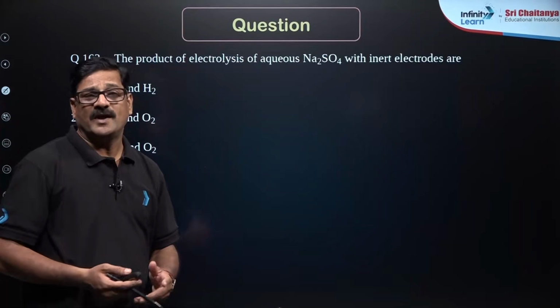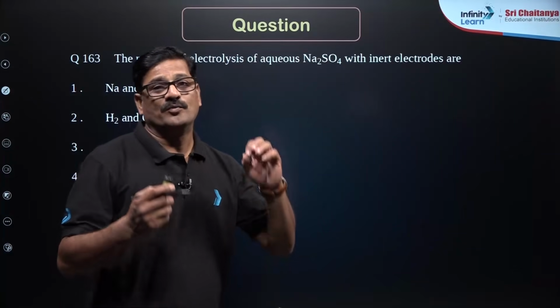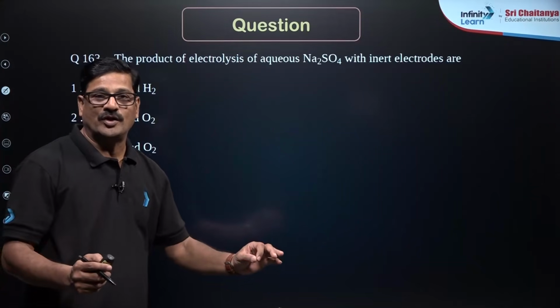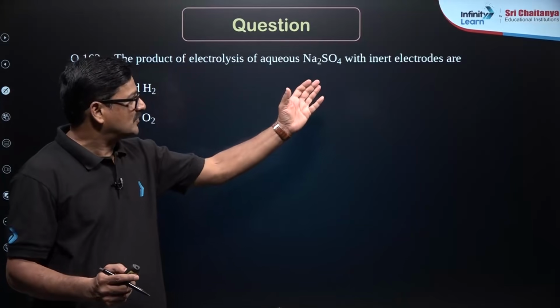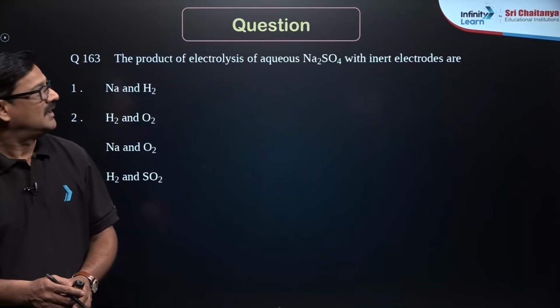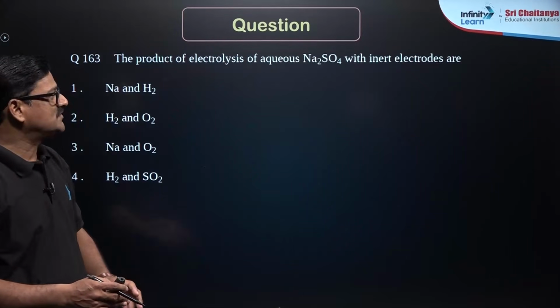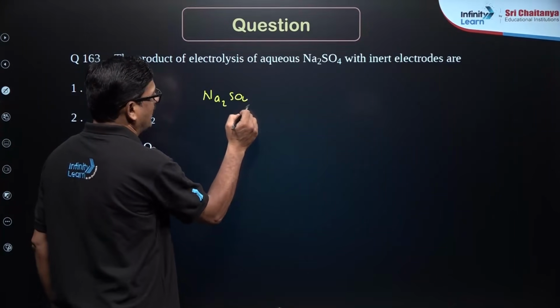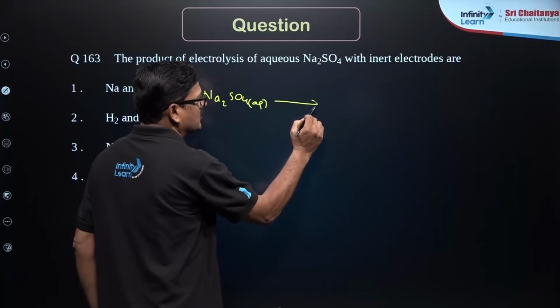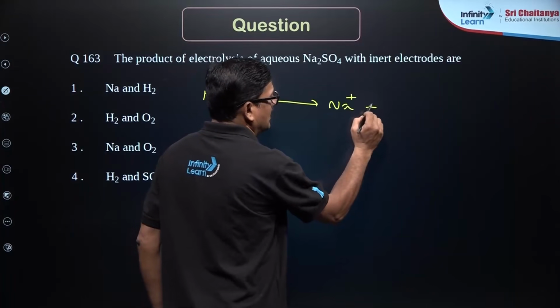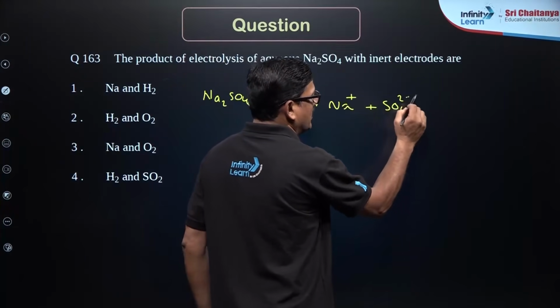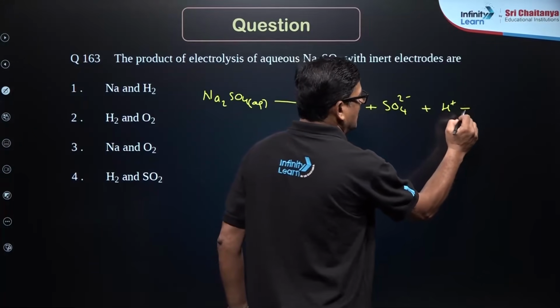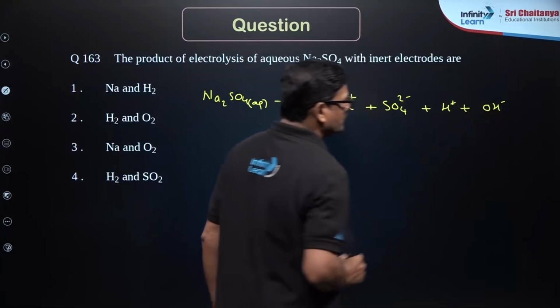Here is a question from electrolysis. So the products that are obtained at cathode and anode when aqueous solution of Na2SO4 is electrolyzed using inert electrodes. So Na2SO4 aqueous, it is going to give you Na plus and SO4 2 minus, and H plus and OH minus.